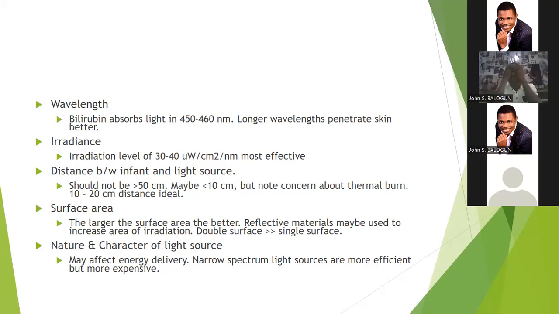All the baby's body is wrapped around, and the machine is now connected to power supply. And when it's connected to power supply, every part of the baby, apart from the gonad and the eyes, is exposed to phototherapy light. That is also very, very efficient. With that one, you'll be able to get better results with your phototherapy care.